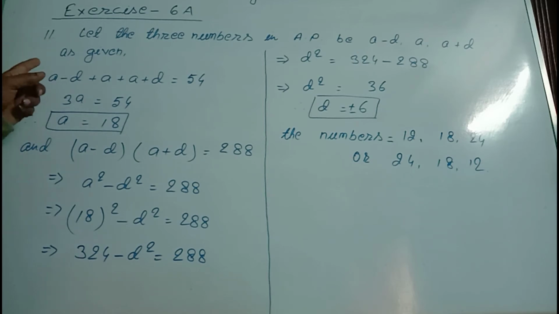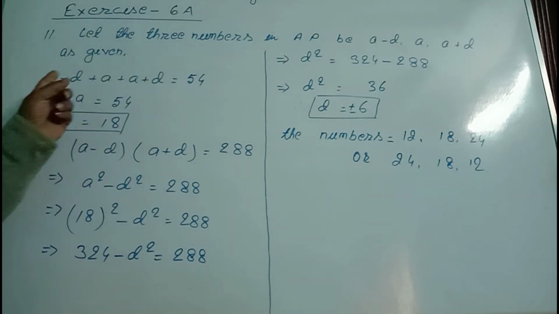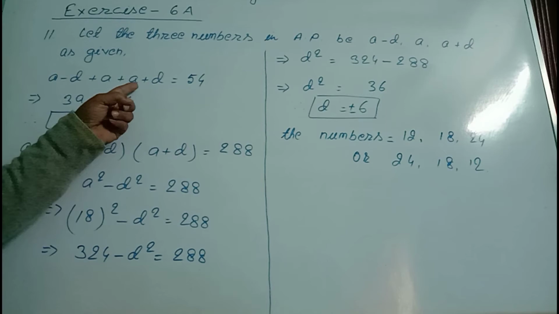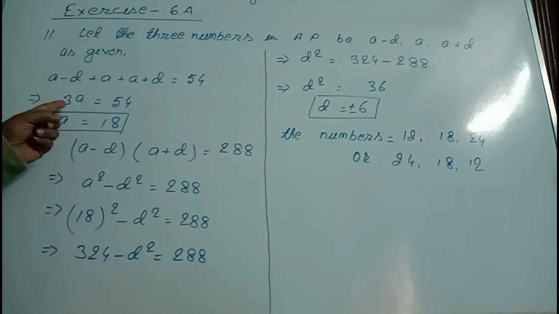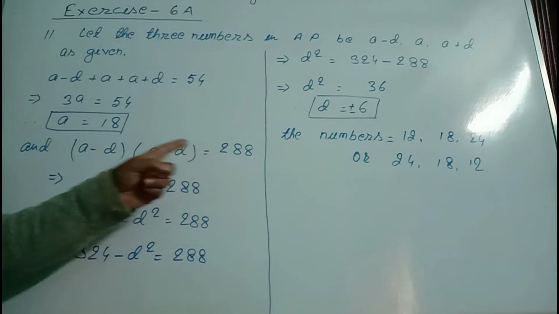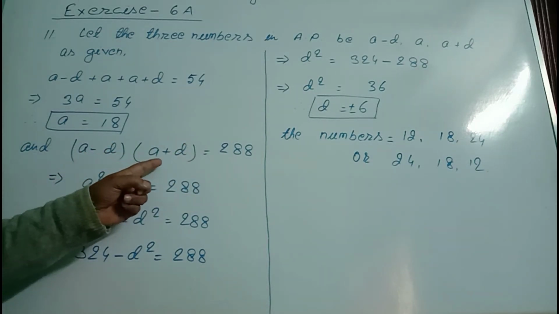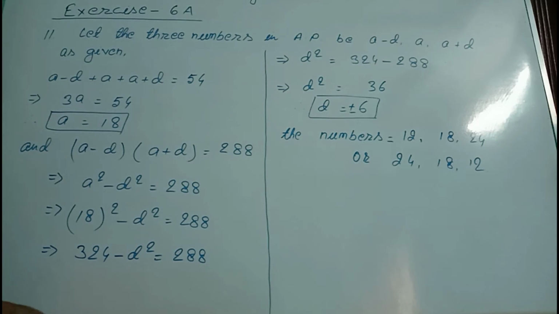As given, the sum of these three numbers is 54. So A minus D plus A plus D plus A equal to 54. In this way D cancelled, 3A equal to 54, A equal to 18. First term became 18. Now again in the question it is given that the product of the first and third term is 288. So I wrote A minus D into A plus D equal to 288.